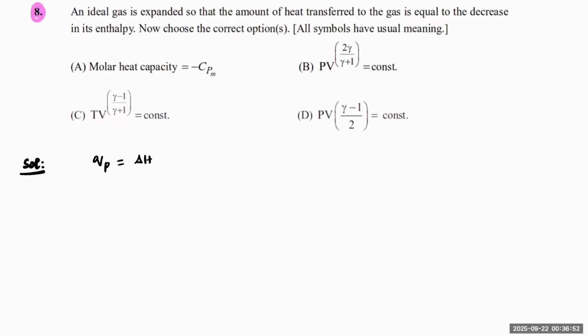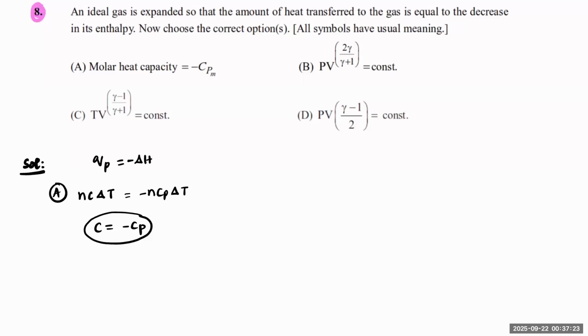Heat transfer to the gas is equal to the decrease in its enthalpy, so minus delta H. And you know that nC delta T is how we represent Q, and that will be equal to minus nCp delta T. Correct? So molar heat capacity C will be equal to minus Cp. Okay, so that was given as option A. So this is correct. Option A is correct.